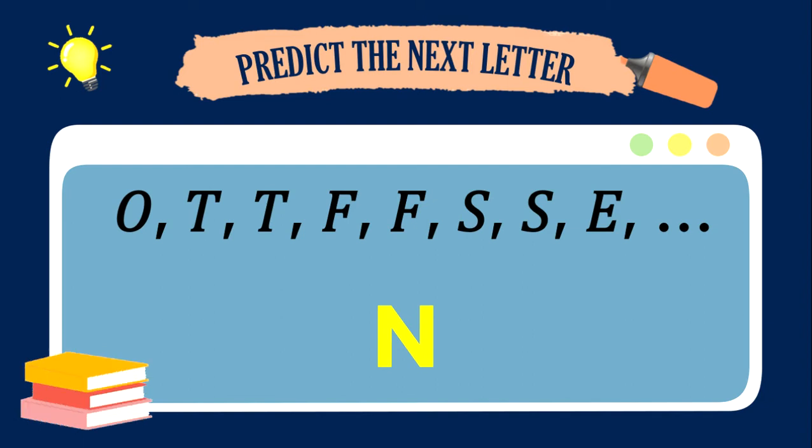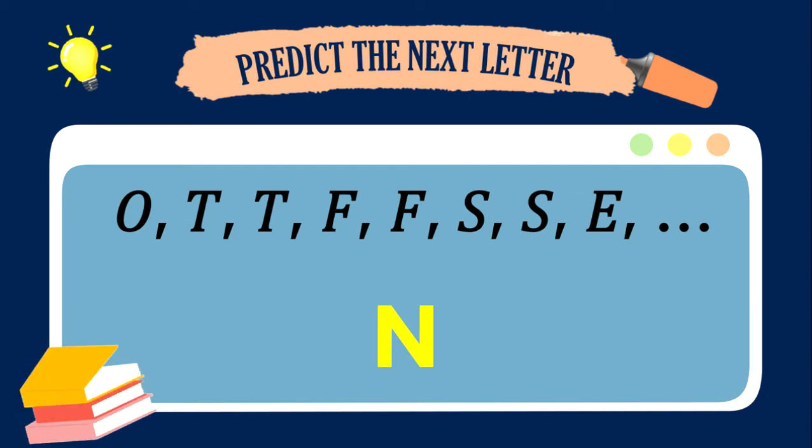Sometimes we need to relate some concept to identify the pattern, to recognize the pattern. In this case, we need to recall the concept of counting numbers: 1, 2, 3, 4, 5, 6, 7, 8, 9, 10, and so on.